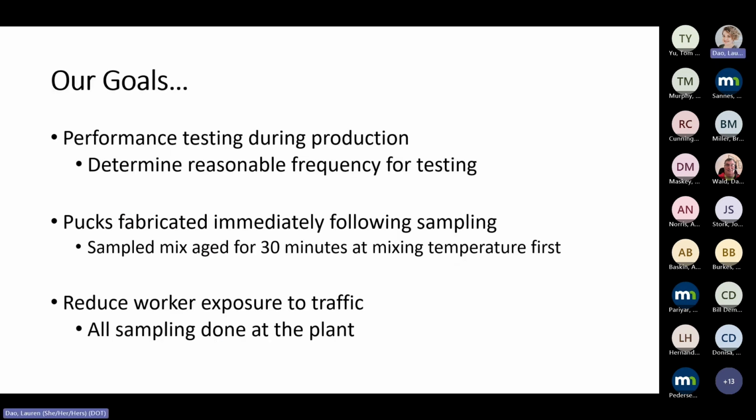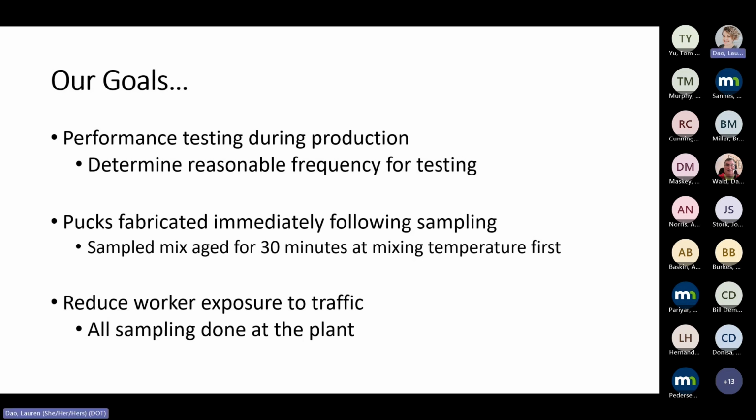Our goals for this specification revision of our Superpave spec were, first, to increase the performance of the pavement, as well as to fabricate the pucks and test them immediately after fabricating them, to try to reduce the variability in aging.